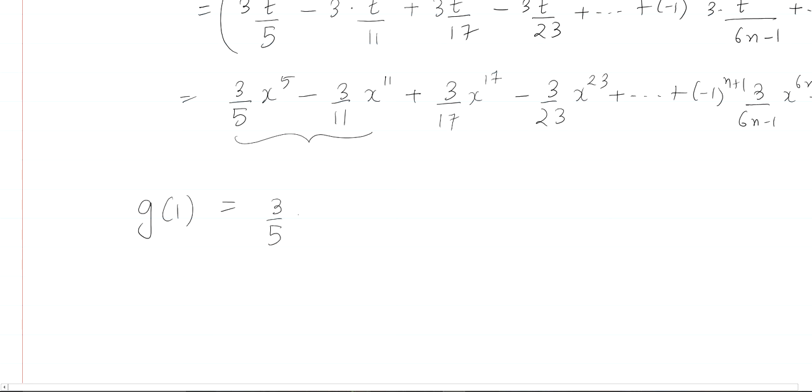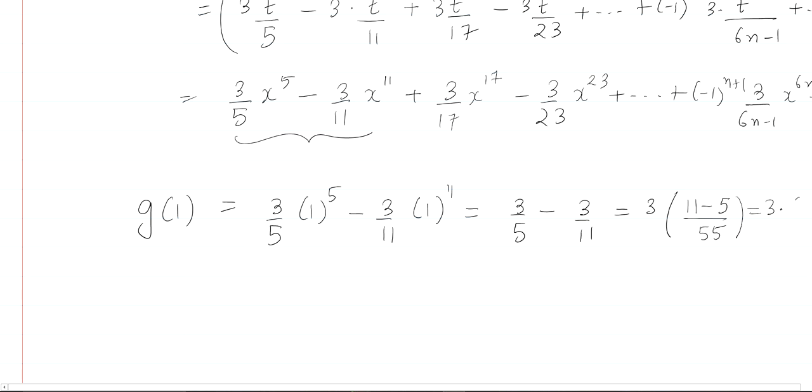So it'll be 3 over 5 times 1 to the power 5 minus 3 over 11 times 1 to the 11, which is equal to 3 over 5 minus 3 over 11, which happens to be 3 times 11 minus 5 over 55, which is equal to 3 times 6 over 55, which is 18 divided by 55.